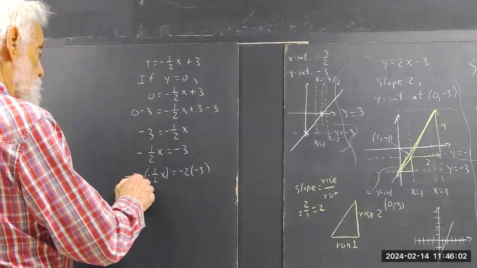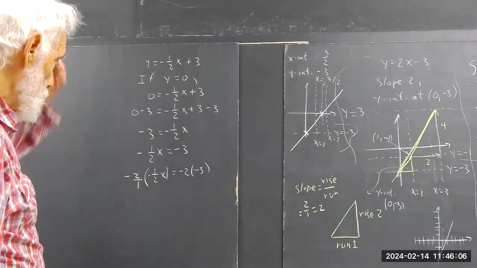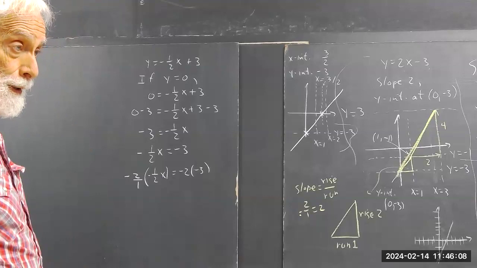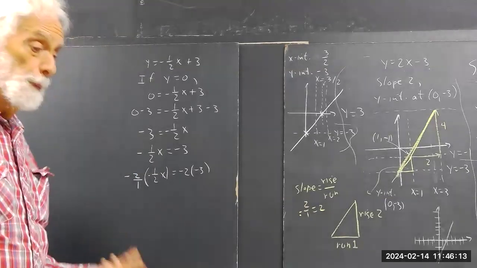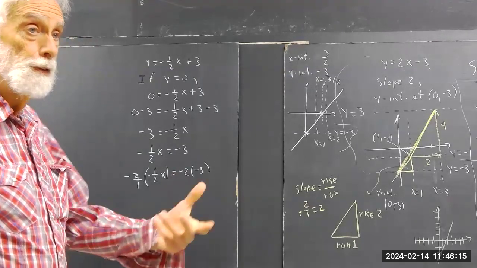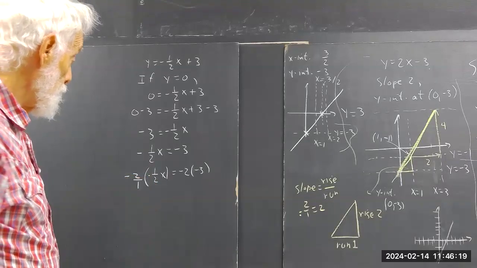Okay, now to multiply, most people are going to need to have 2 fractions to remind them how to multiply fractions. But again, at this stage of the course, people don't remember how to multiply fractions. And it's the easiest thing you can do. You multiply the numerators and you multiply the denominators.